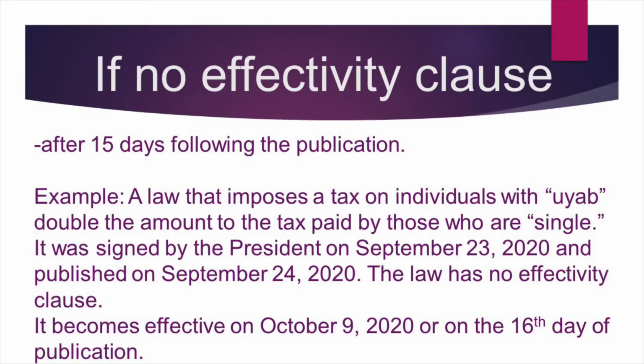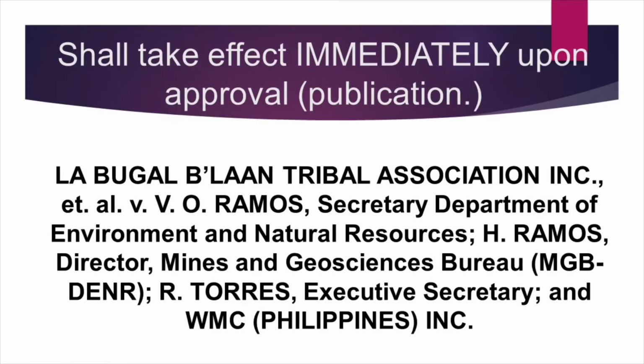An example would be this: a law that imposes a tax on individuals with a partner, double the tax paid by those who are single, was signed by the President on September 23, 2020, and published on September 24, 2020. The law has no effectivity clause, so it becomes effective on October 9, 2020, that is, after 15 days following the completion of its publication, or on the 16th day of publication.